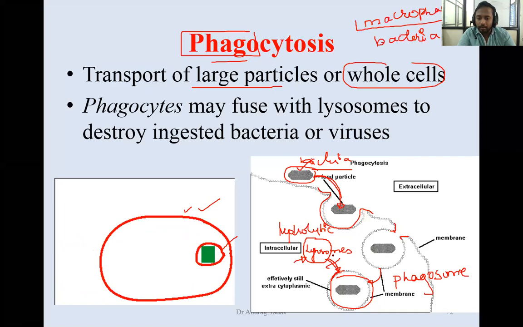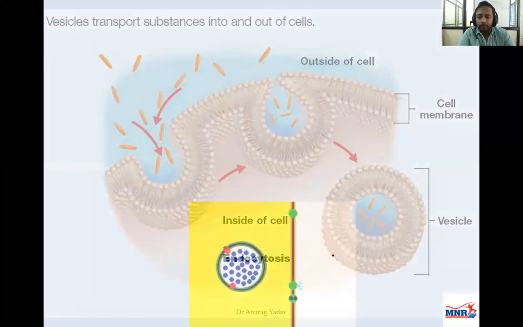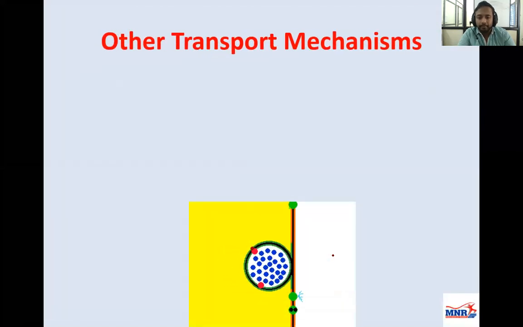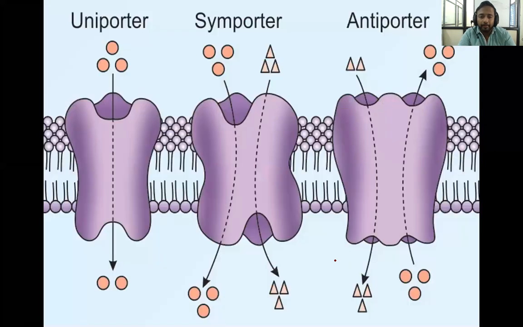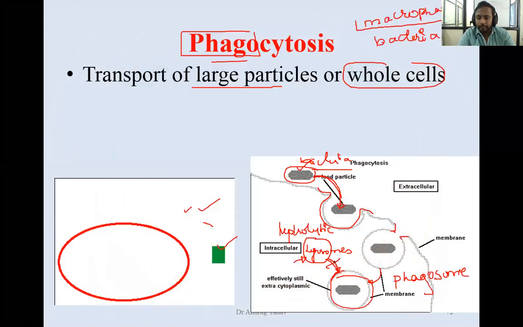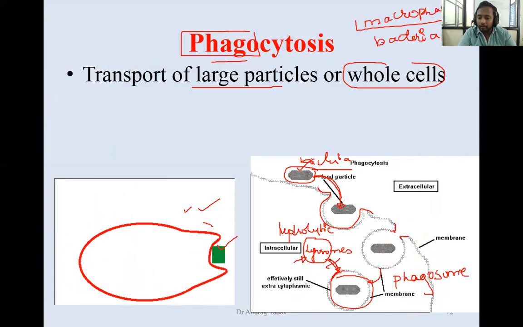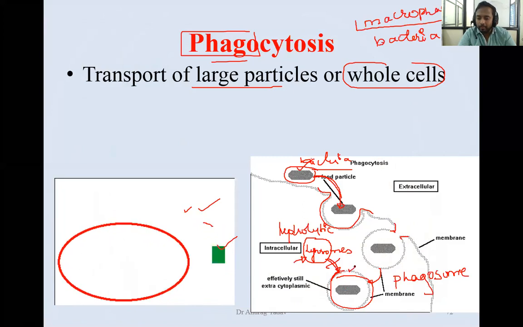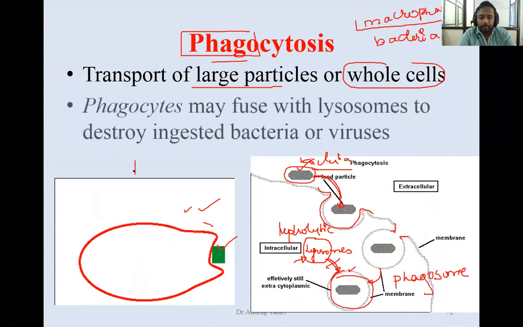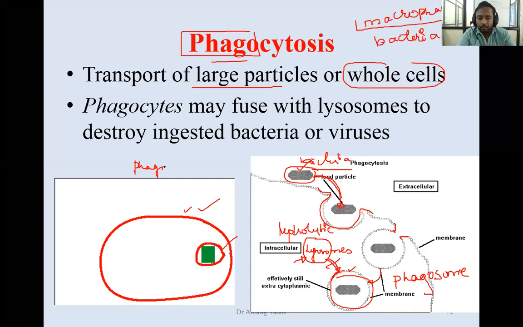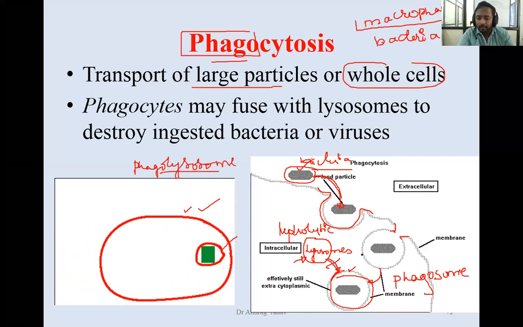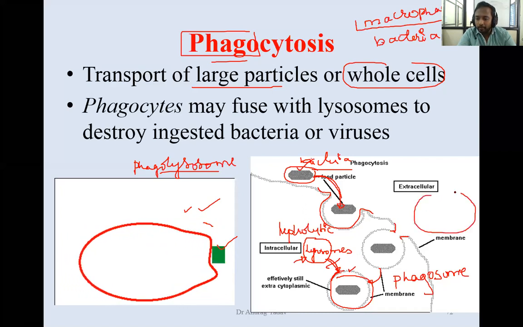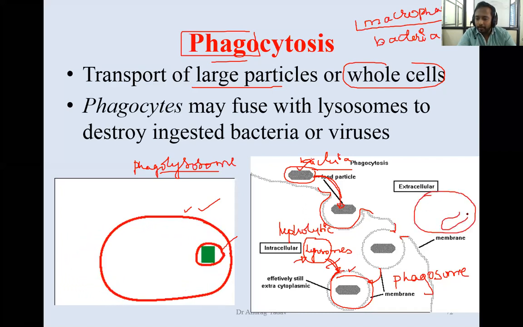Okay, fine. So this lysosome binds with this phagosome, and they are called the phagolysosome. That is, they become one whole component, the lysosome with the bacterial cell inside it.